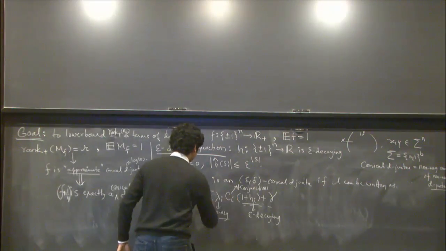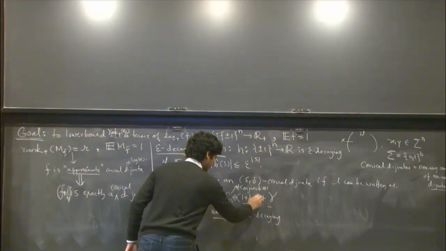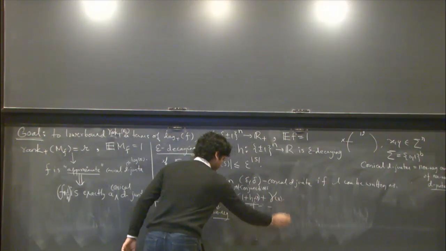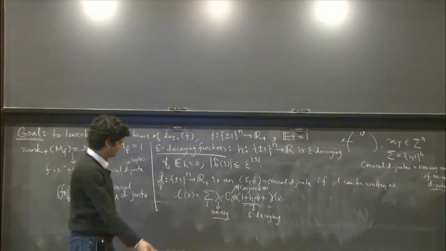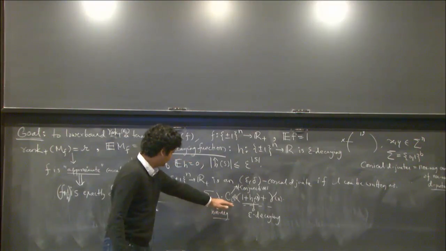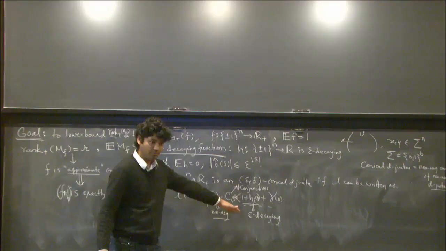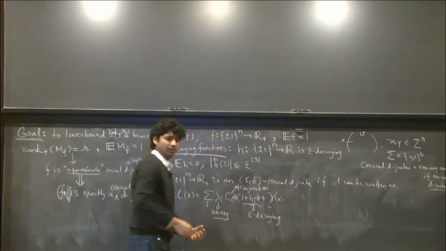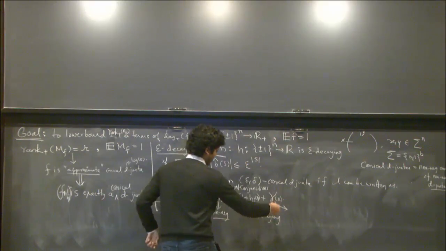Since I had this x here, maybe it was better without that. So this is a conjunction. I am multiplying it by 1 plus an epsilon decaying function. So this is some kind of multiplicative error, and then this is going to be an additive error.